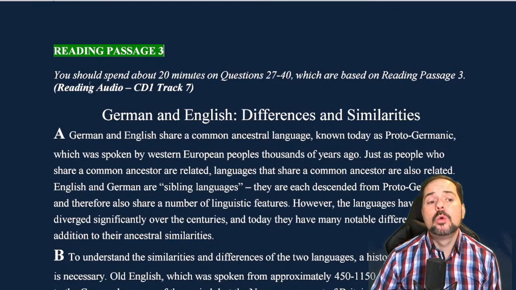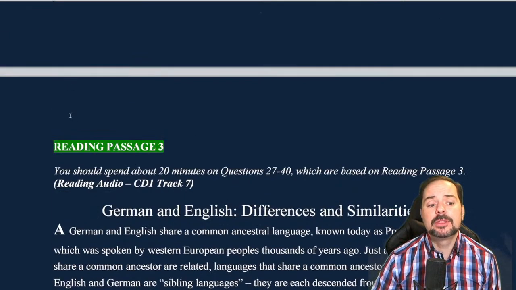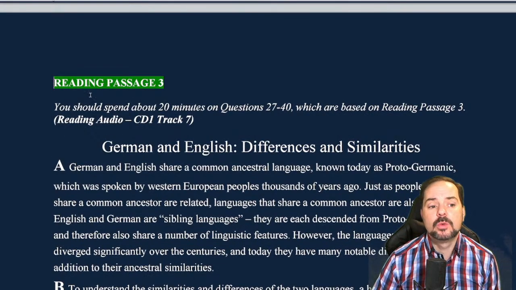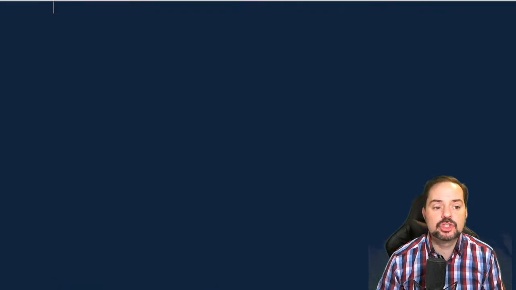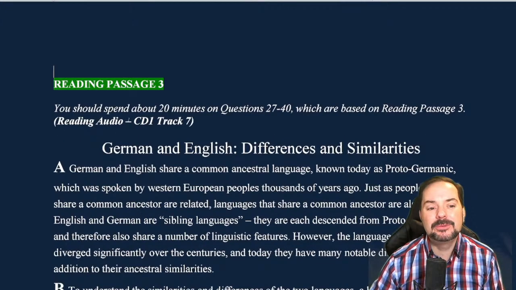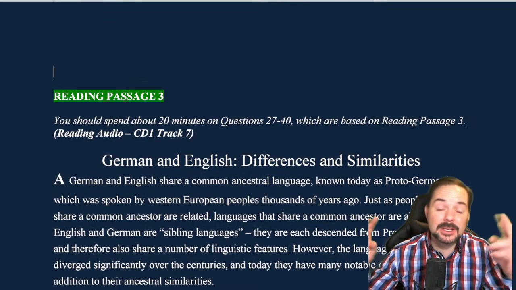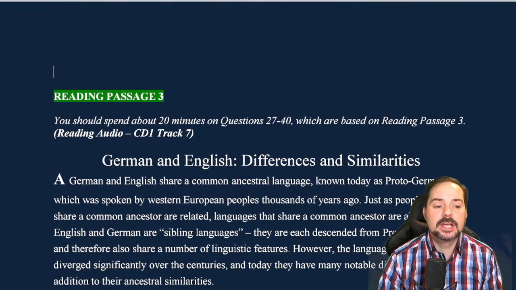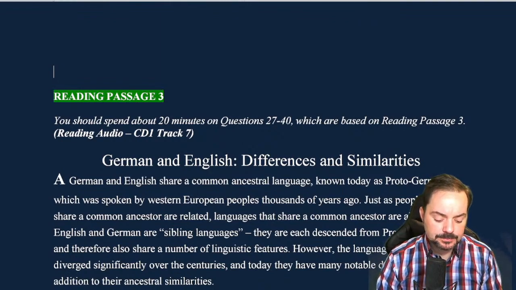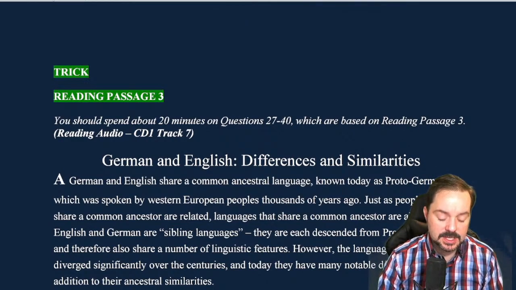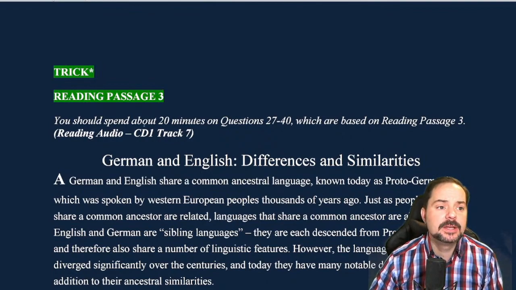Does anybody know when it's good to start with another passage instead of passage 1? This is kind of a trick, if you will. I don't really like to say tricks. I like to use the word strategies, but this is kind of a trick. So let's discuss this because it could really help you.